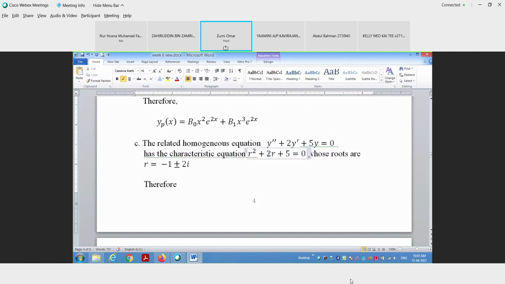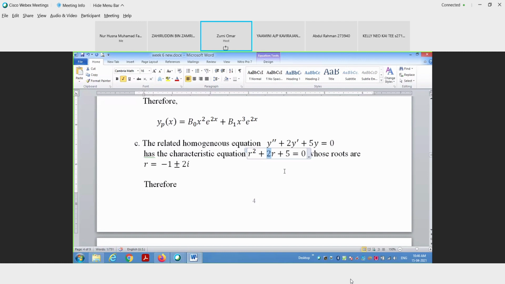We know that b equal to 2, b square, that means 2 square equal to 4, minus 4 times a is equal to 1, 4 times 1, we have 4, times 5, 20. So we have 4 minus 20, which is minus 16. So now we have complex root.